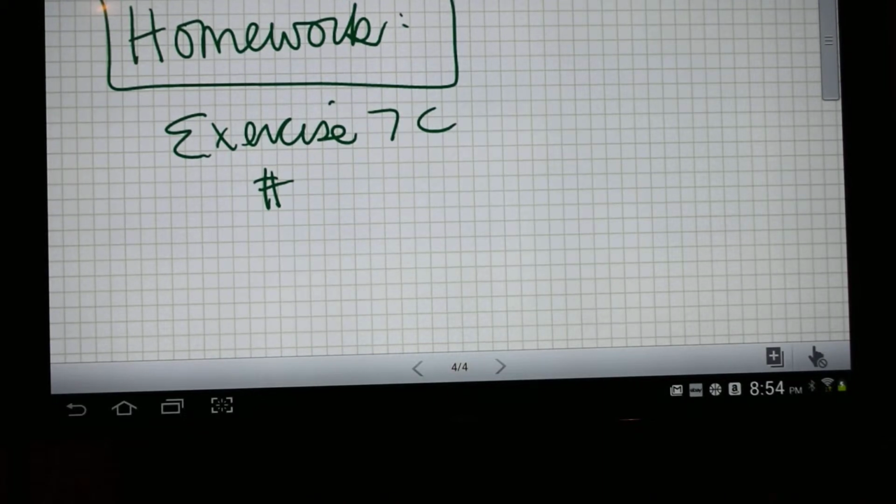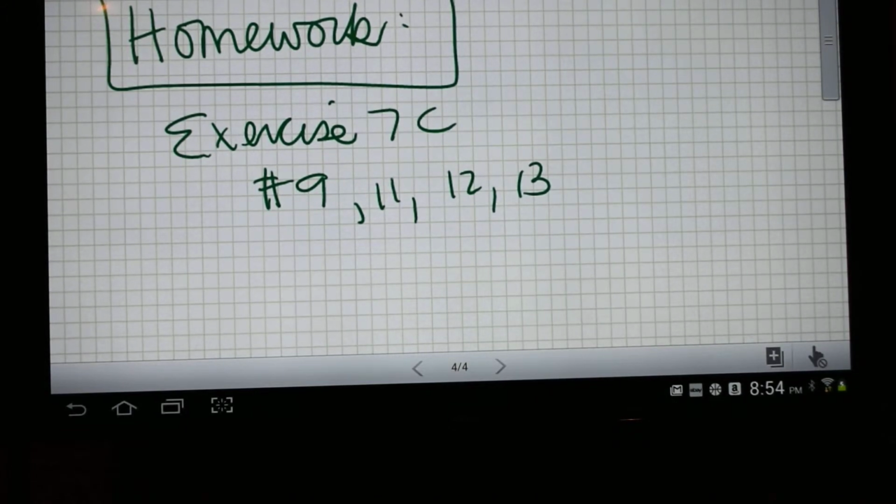You can do number 9. That's like the first example. You can do number 11. Twelve, 13. They're all blue. Some of them start to get a little weird.